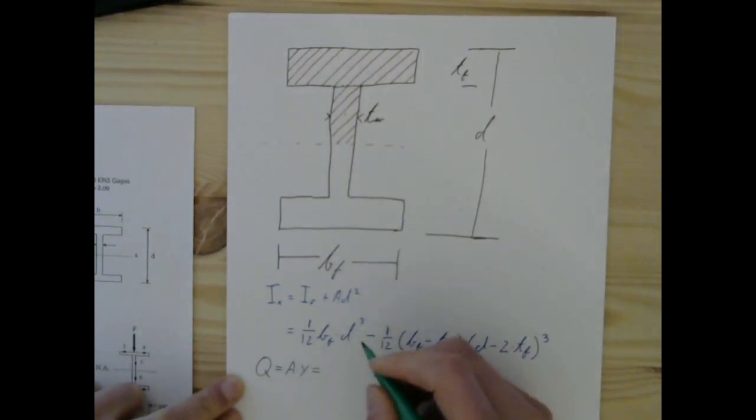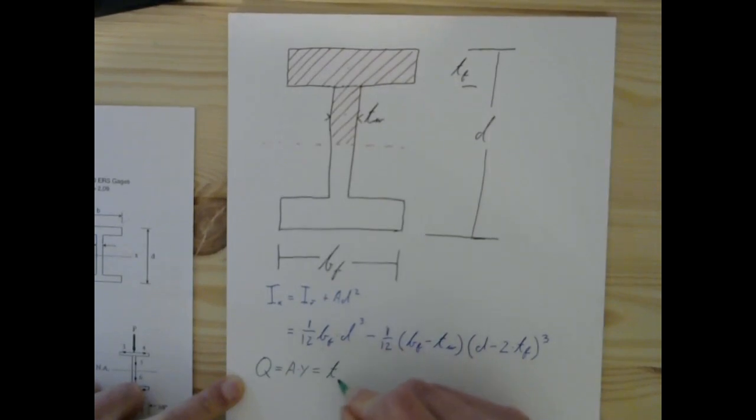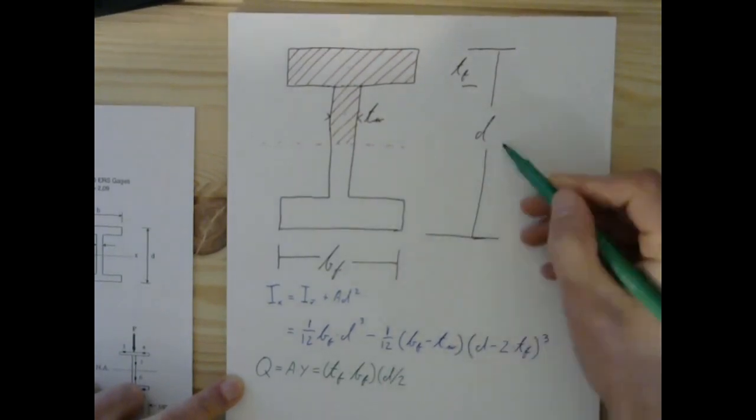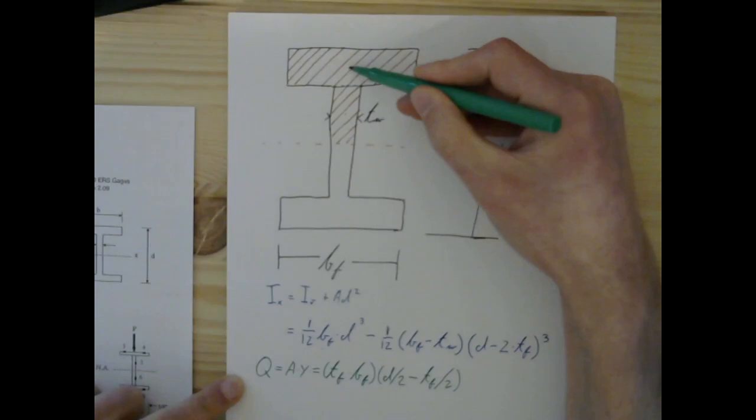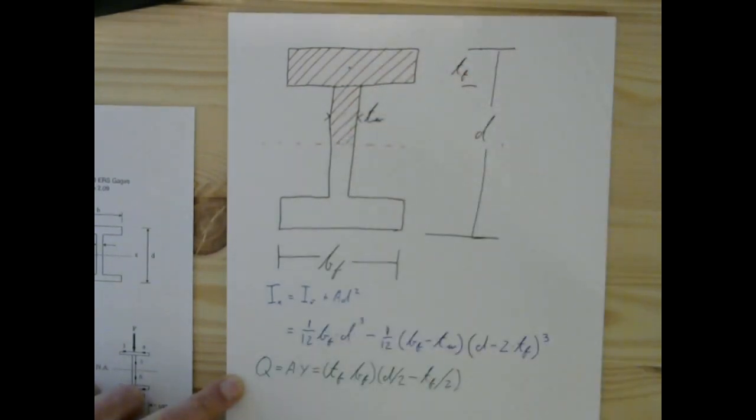So that will give us the thickness of the flange times the width of the flange, which will be the area of the flange, times 1/2 the total depth minus 1/2 the thickness of the flange, for the centroid of this to the neutral axis.